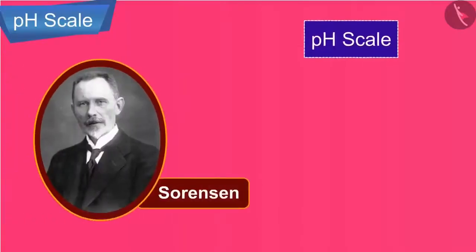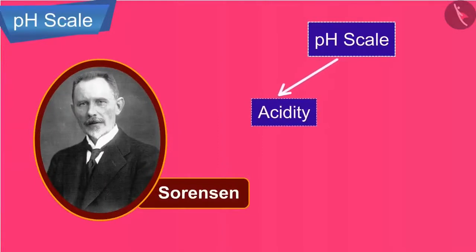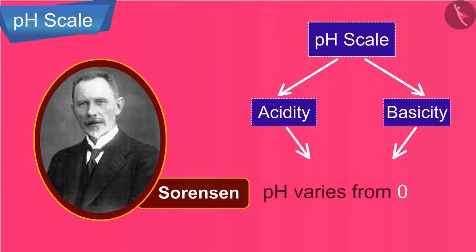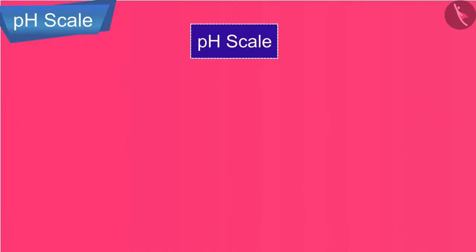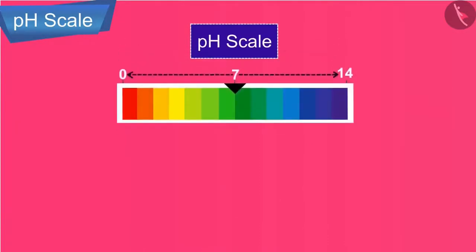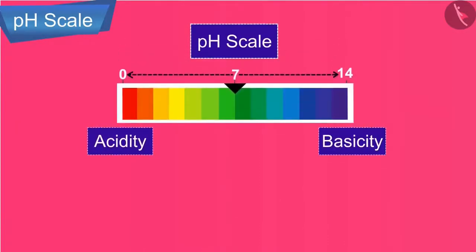Sorensen linked the hydrogen ion concentrations of acid and base solutions to simple numbers from 0 to 14 on his pH scale.